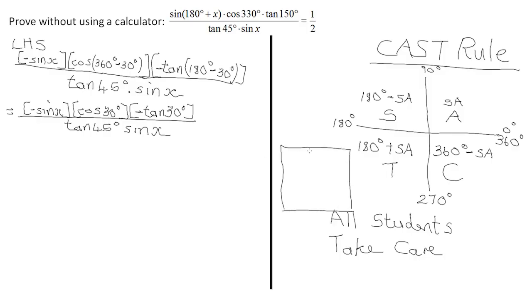We need the 30-degree triangle and we need the 45-degree triangle. This is 45, 1, 1, square root 2, and then obviously the 30-degree triangle.